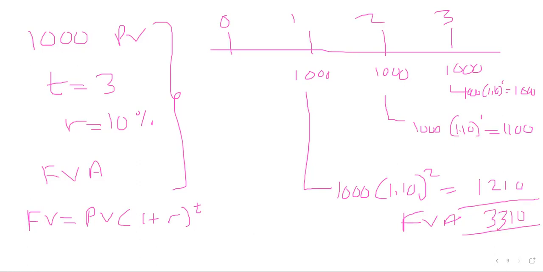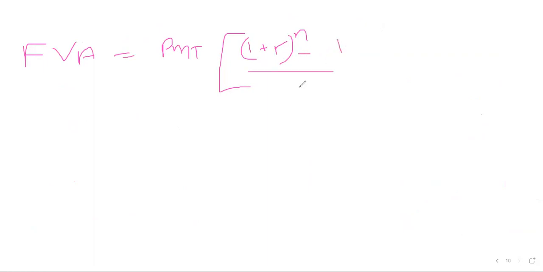Okay. Now, we can also calculate the future value of an annuity using a formula. This is called the future value annuity formula. So we're going to have 1 plus R to the power N minus 1, over R. The periodic payment that Marcia has been depositing is 1,000.